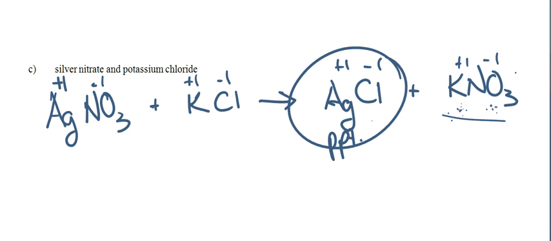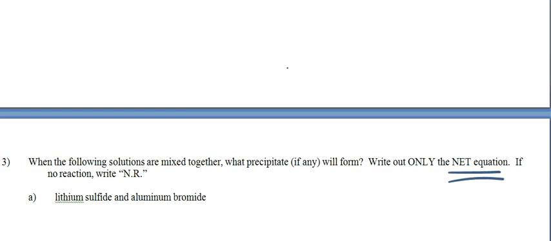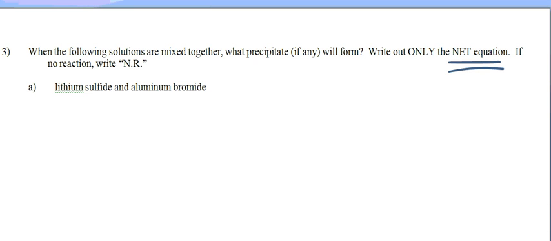This is just the balanced equation with the formation of the precipitate. Question number 3 is actually how the AP exam will be asking you to answer this. So when we get closer to April, actually right after spring break, we're going to go over net ionic equations again. And it's a very, very simple process. We want to keep the things that don't change.